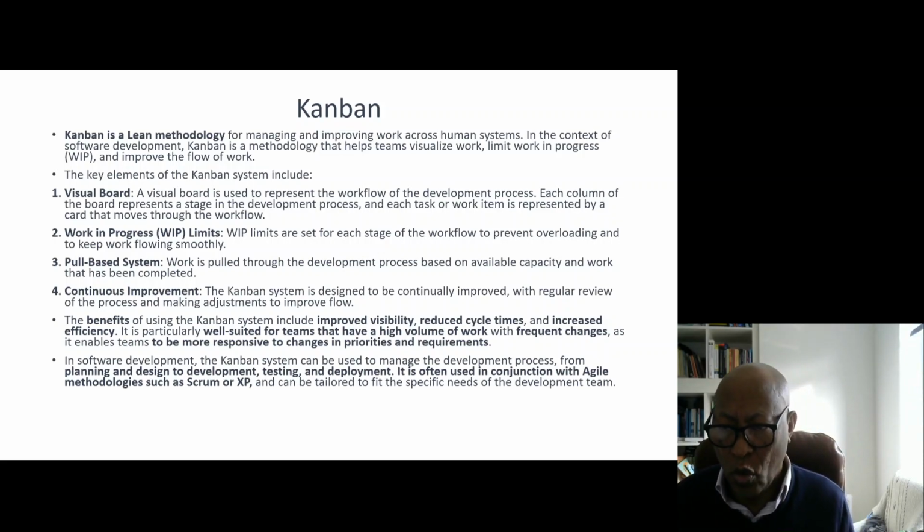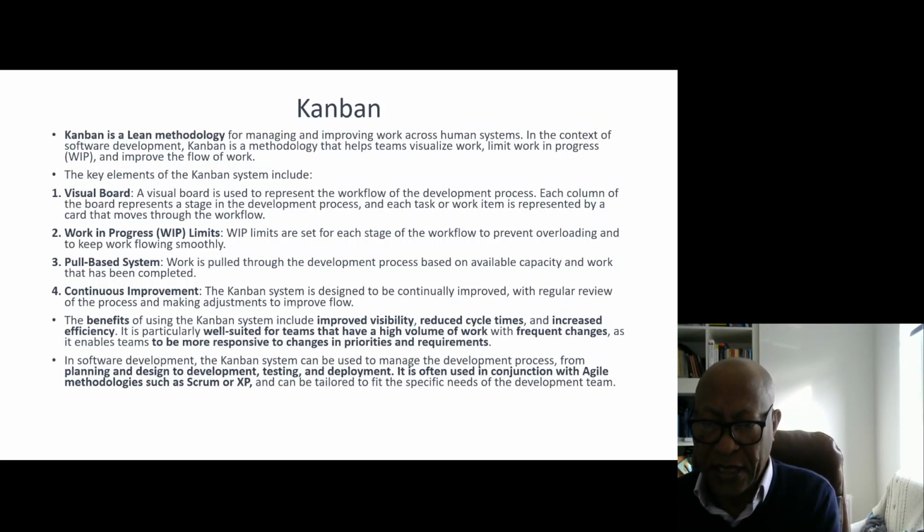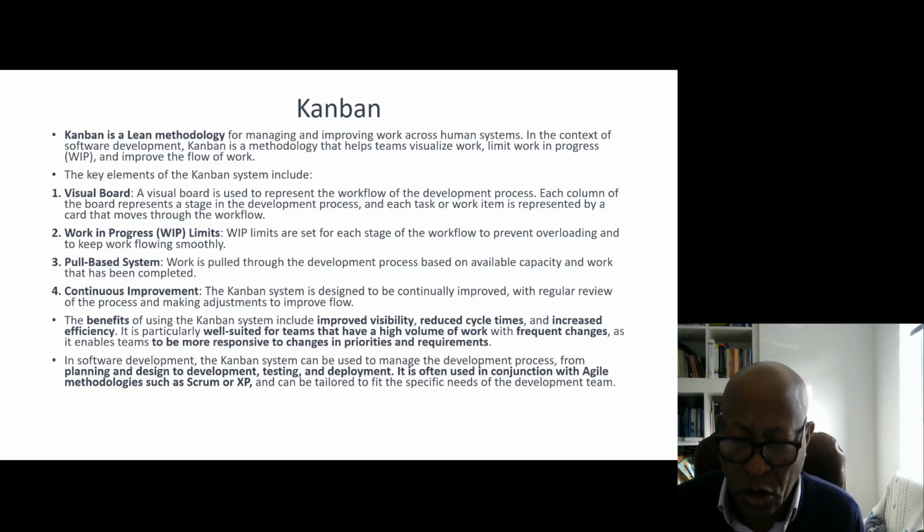Pull-based system: work is pulled through the development process based on available capacity and work that has been completed. So it is really the two, in terms of the capacity and work that has been done.